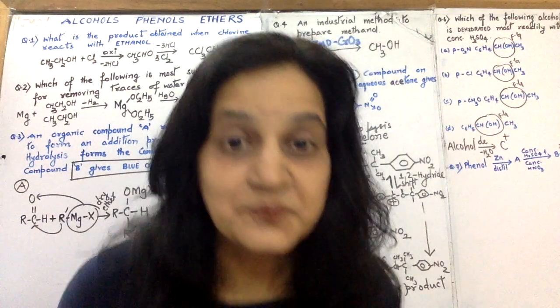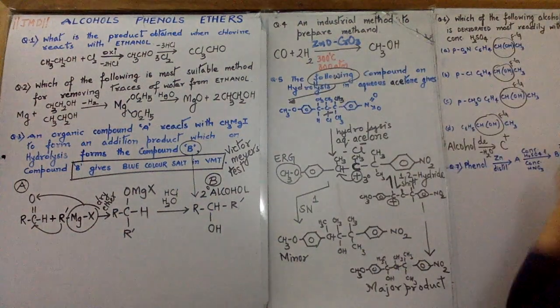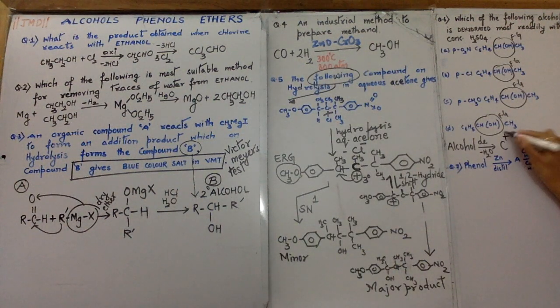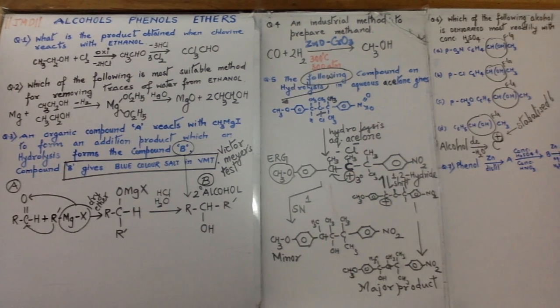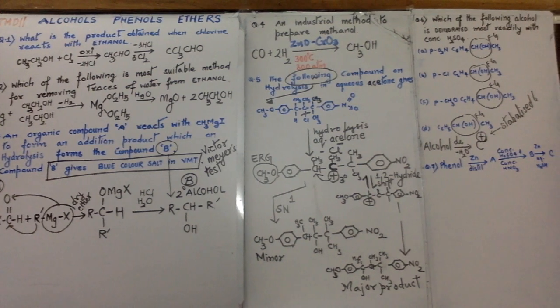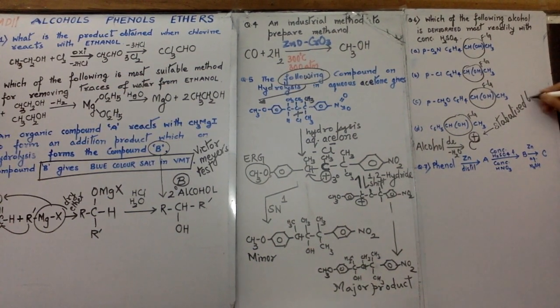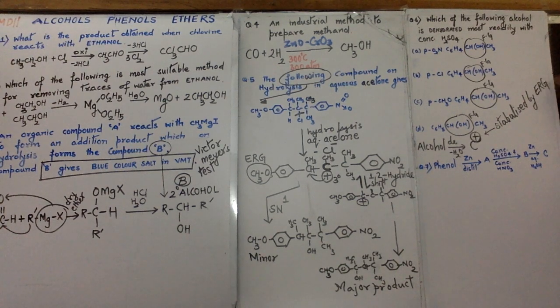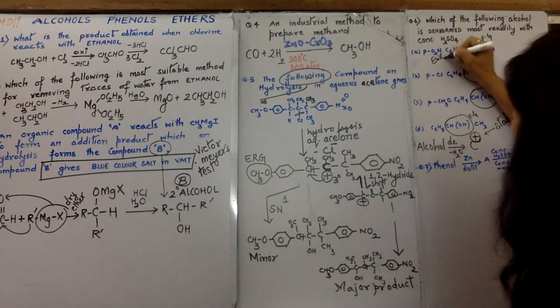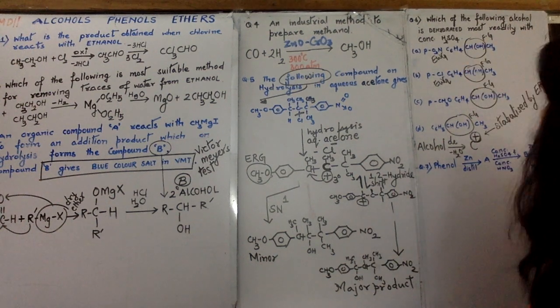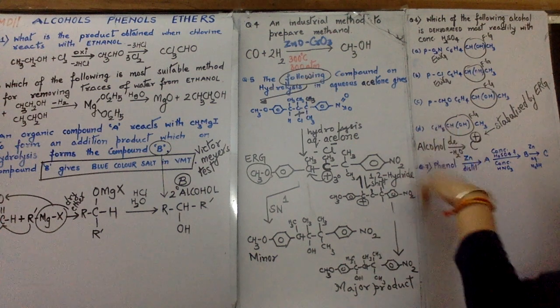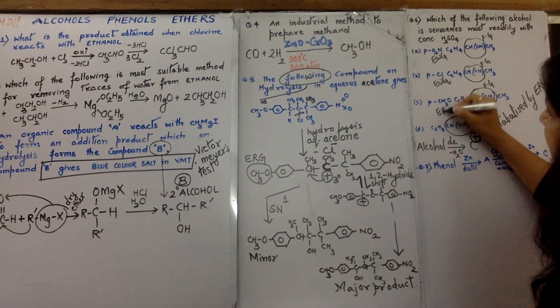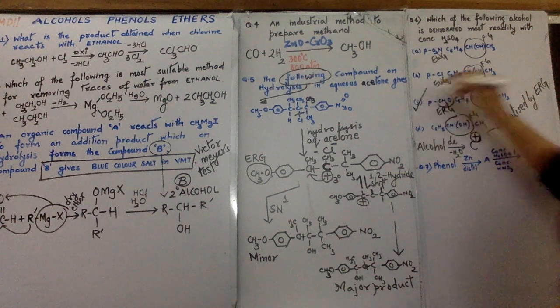And children, carbocations are stabilized by ERG. O2N is an EWG. Cl is an EWG. Here there is no group, and this is an ERG, methoxy. So this is the answer.